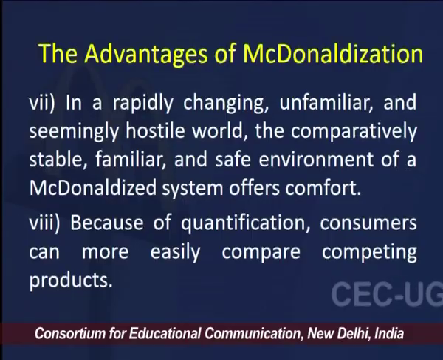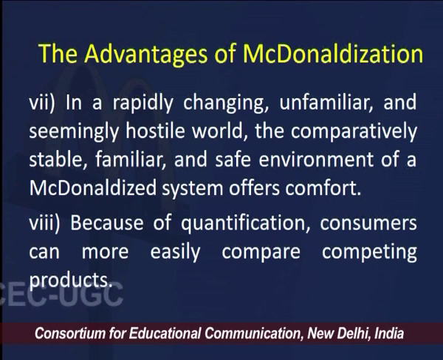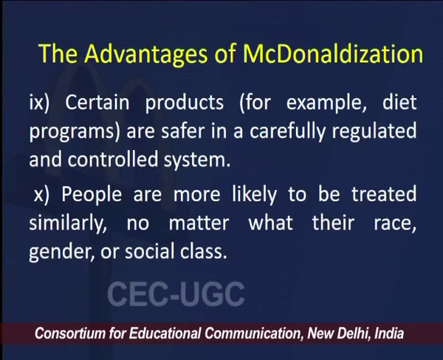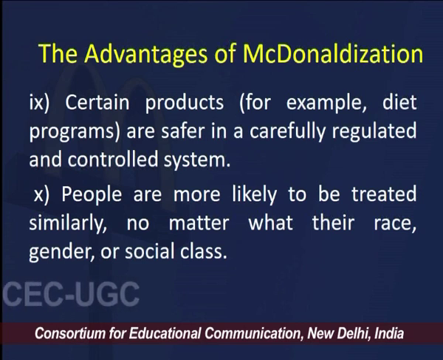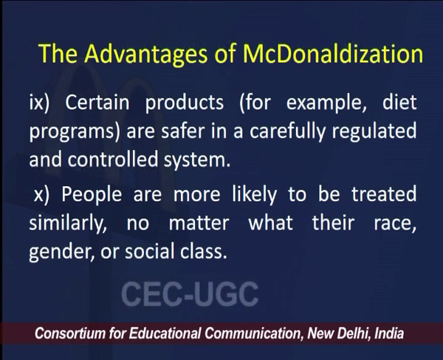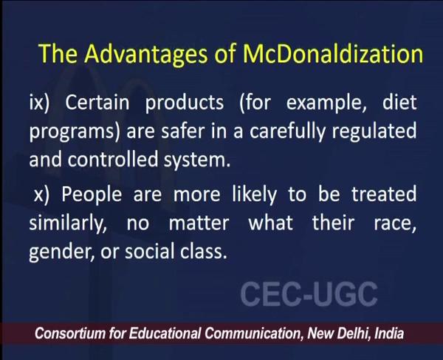Eighth, because of quantification, consumers can more easily compare competing products. So, certain products, for example, diet programs, are safer in a carefully regulated and controlled system. So, we know one of the four principles of McDonaldization was control.